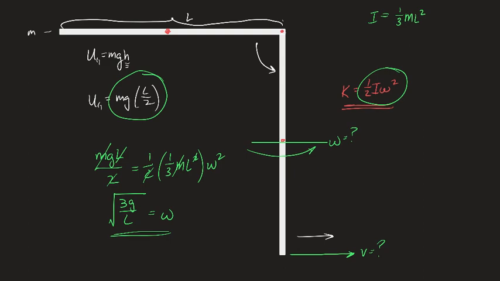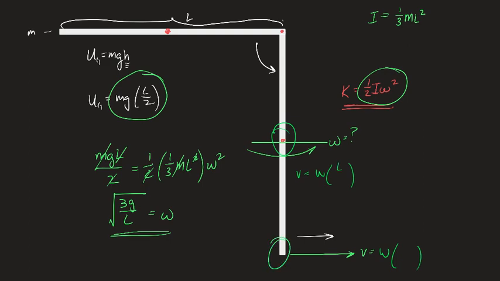You have to recognize that different parts of the rod are traveling at different speeds. The center of mass of the rod is traveling at one speed. The bottom of the rod is traveling at another. Where on the rod you are determines how fast you're traveling.